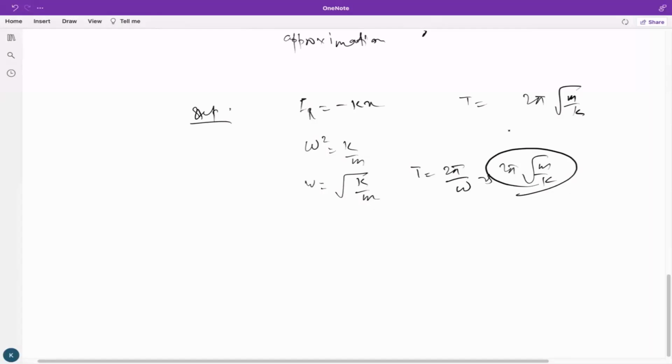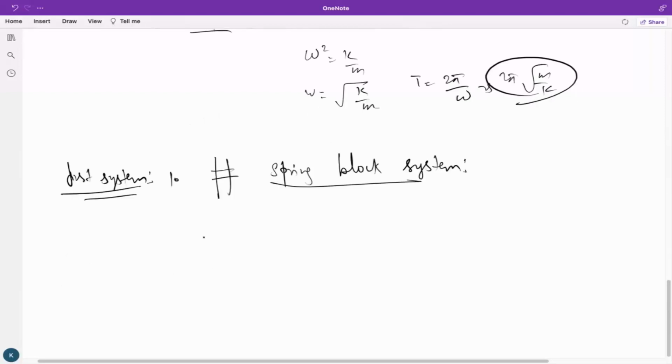Okay, so let's start with some basic examples. Let me take our first system, which is the spring block system.